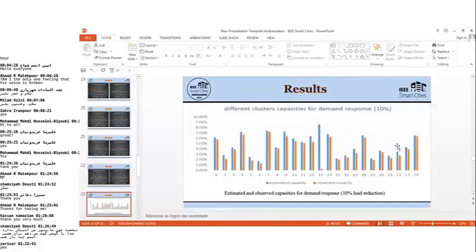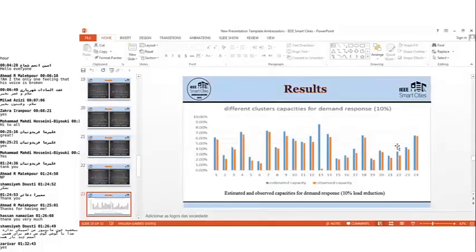In this slide, different capacities for participating in demand response for different clusters are presented, 24 clusters, and in this picture, estimated capacity and observed capacity are compared with each other.